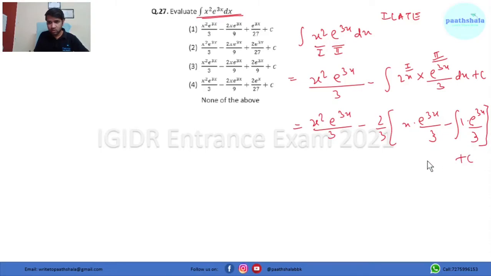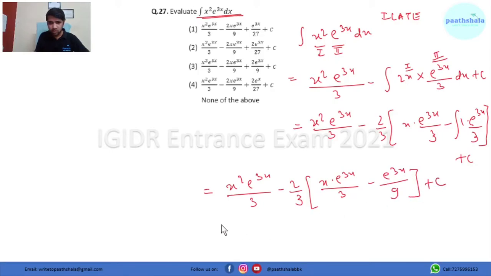Outside the bracket you will get plus c. So let's solve it further. You will get x square e to the power 3x upon 3 minus 2 by 3, and when you solve this, this will be x e to the power 3x upon 3. Now the integration of e to the power 3x is e to the power 3x upon 3, and you already have 1 by 3, so this will be e to the power 3x upon 9 plus c.